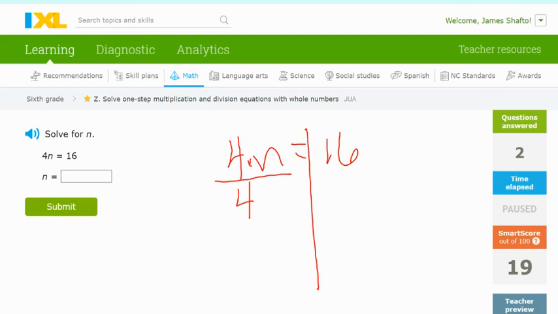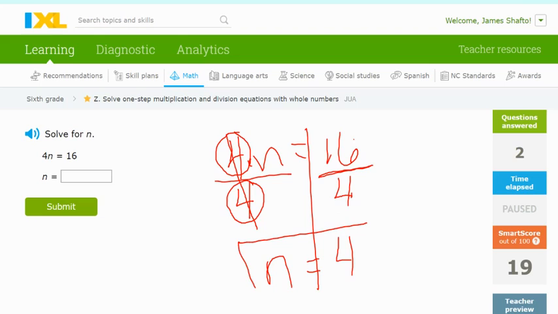I want to keep it balanced, so I need to do that on both sides. This is a 4 in the numerator and a 4 in the denominator, so it makes 1 whole, which means I have 1 whole n. When I have 16 divided by 4, that's going to give me 4. So my answer is 4.